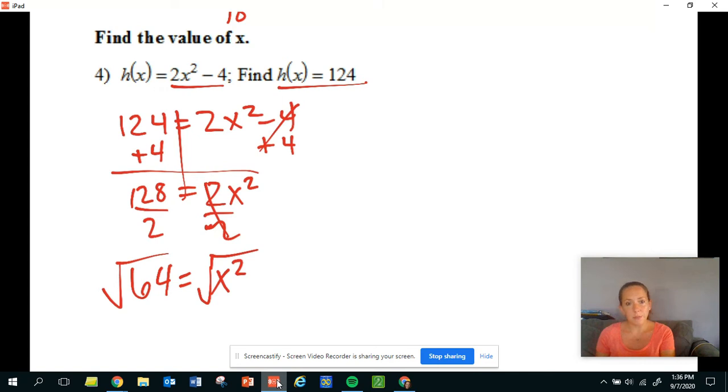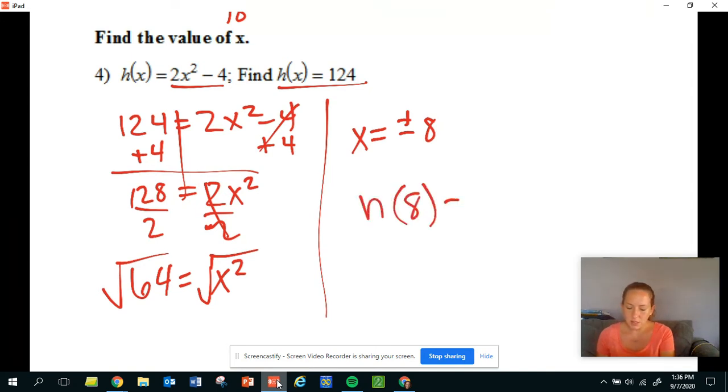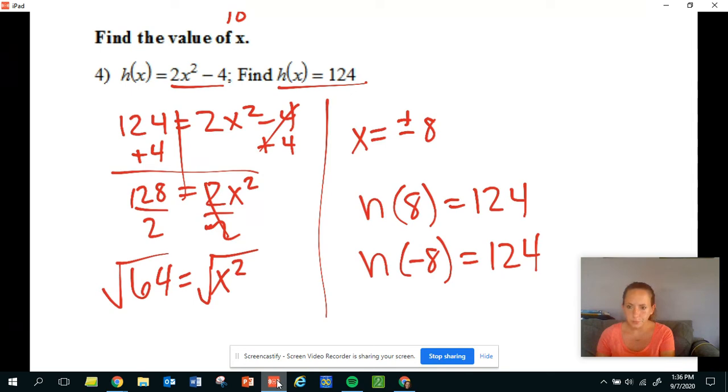And the square root of 64 is going to be ±8, because if I have 64 and I want to know what squared gives me 64, it could be 8 or it could be -8. Either of those is fine. So what that means is that h of 8 gives me 124 and h of -8 gives me 124.